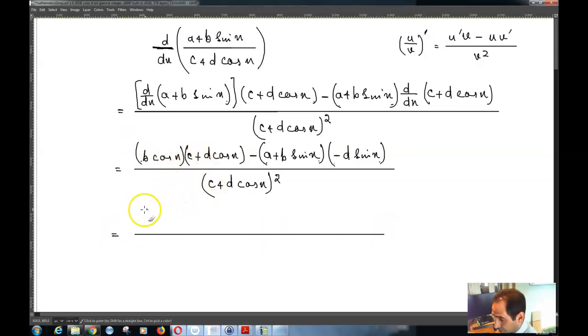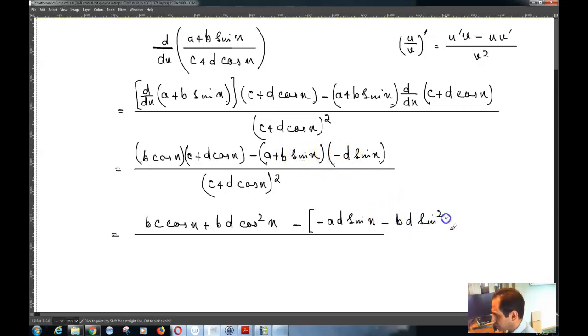So this is bc times cos x plus bd cos squared x minus a negative a times d sine x and negative b times d sine squared x, and you want to divide that by c plus d cos x whole squared.